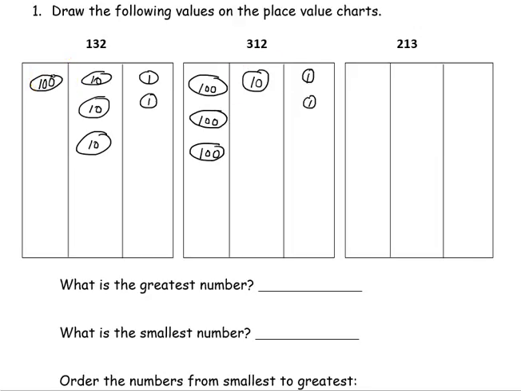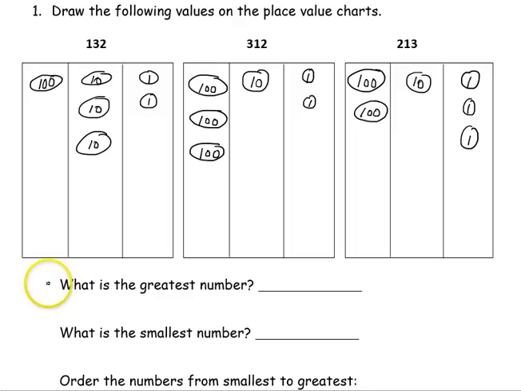And finally, 213 is 2 groups of 100, 1 group of 10, and 3 groups of 1. So there are my 3 numbers on the place value chart.